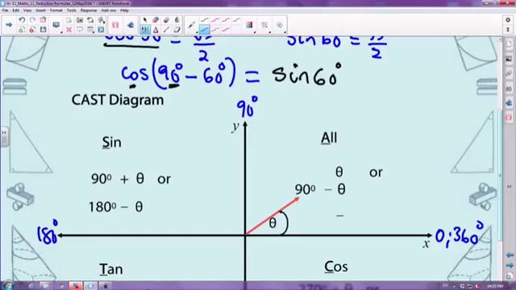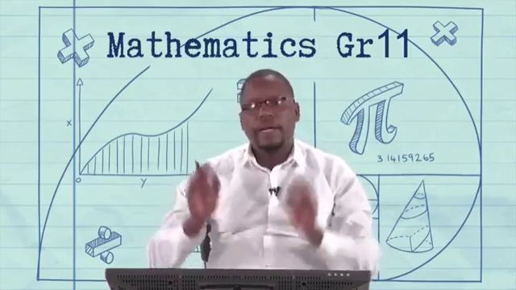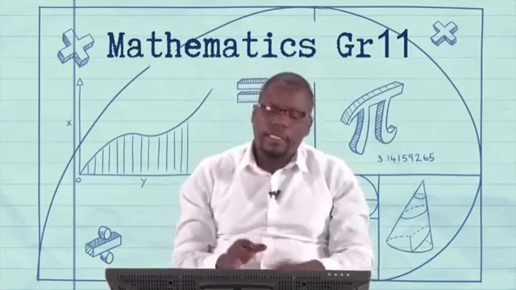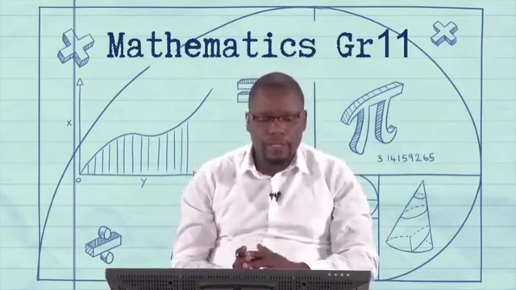So it is 0 degrees, or 0 plus an angle, so it's more than 0, but less than 90 degrees, and 90 degrees minus. So we're expecting to be getting degrees like 10, 25, 37, 86, and so forth, in your first quadrant.